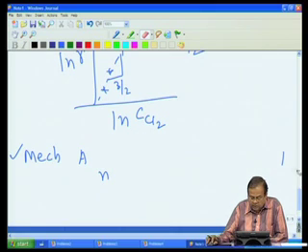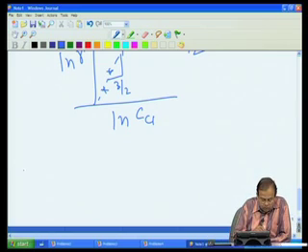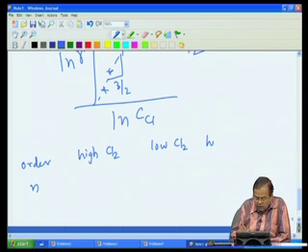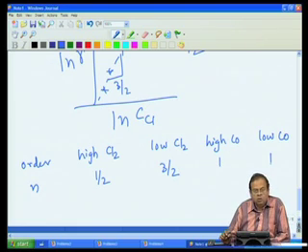So, let us say that we do experiments and look at the order n for high Cl2, low Cl2, high CO, low CO. Okay. And if the orders are half, 3 by 2, 1, 1, then mechanism A is correct.